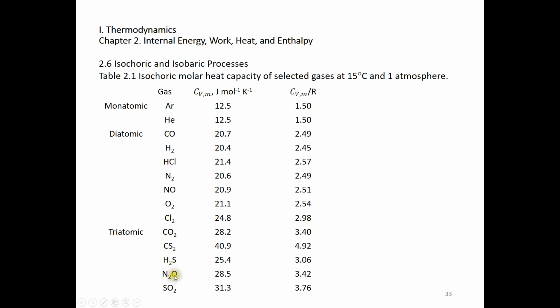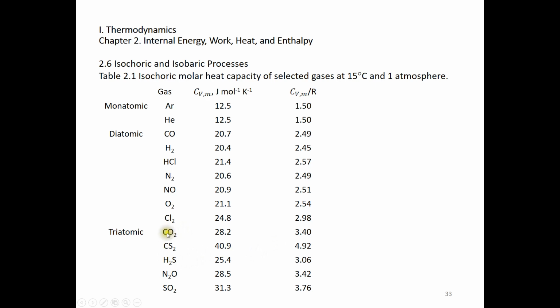Triatomic, again, there are 2 different kinds of triatomic molecules, linear versus nonlinear. I think CO2 is linear, and if it's linear, it should be 2.5 R. But over here we have 3.4 R. This is because, look, we have CO2, carbon dioxide. There are actually 2 bending motions.